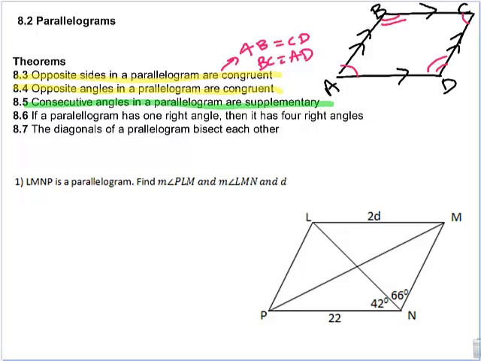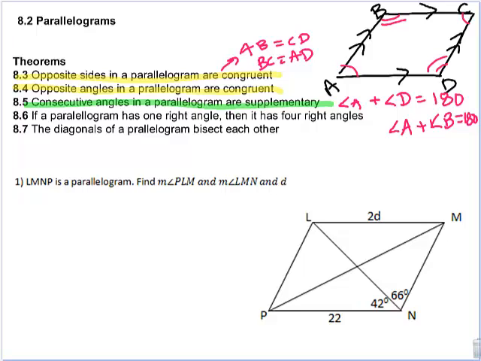A and D, or A and B. So angle A plus angle D should be 180. Could also say angle A plus angle B should be 180. B and C, C and D, D and A. Okay, those are all consecutive. So when we're right next to each other, they should add to give us 180.